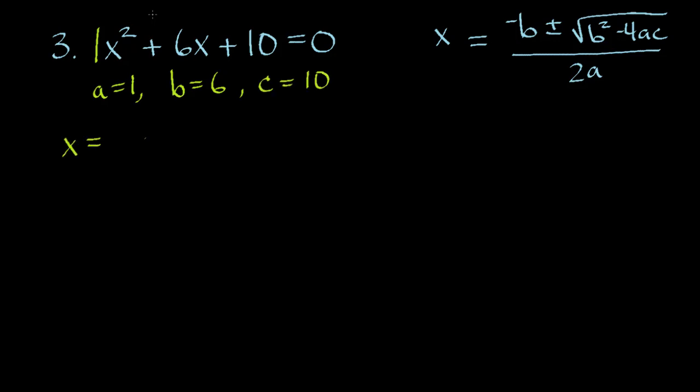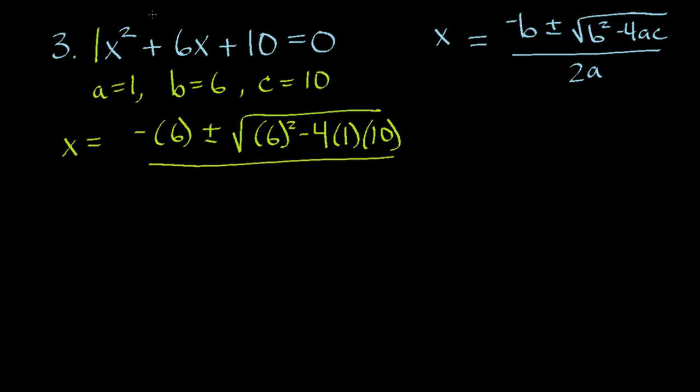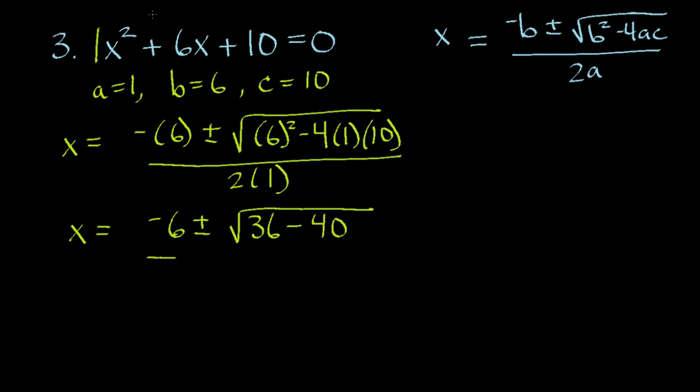Substituting these values into the formula, we get negative 6 plus or minus square root of 6 squared minus 4 times a, which is 1, times c, which is 10, all over 2 times a, and a is 1. Simplifying, negative 6 plus or minus square root of 6 times 6 is 36 minus 4 times 1 times 10 is 40, all over 2.